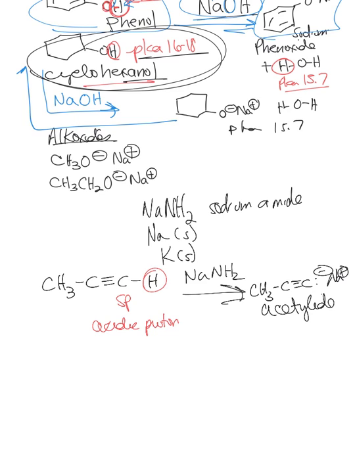So you're getting your acetylide. And then what does this make? This makes NH3. And then this acidic proton has a pKa. If you look at ammonia on your sheet, I want to say that it is 35. I will look.